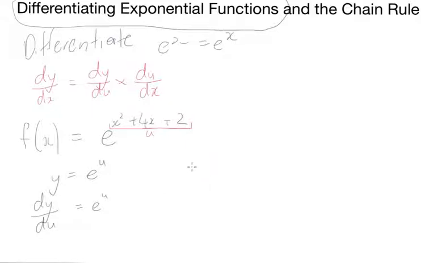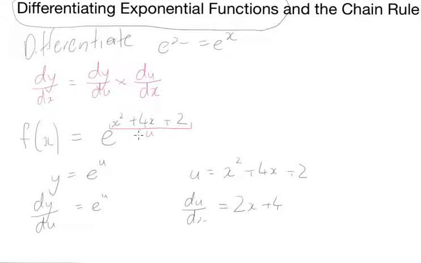And then, if I have u equals x squared plus 4x plus 2, du dx is equal to 2x plus 4.